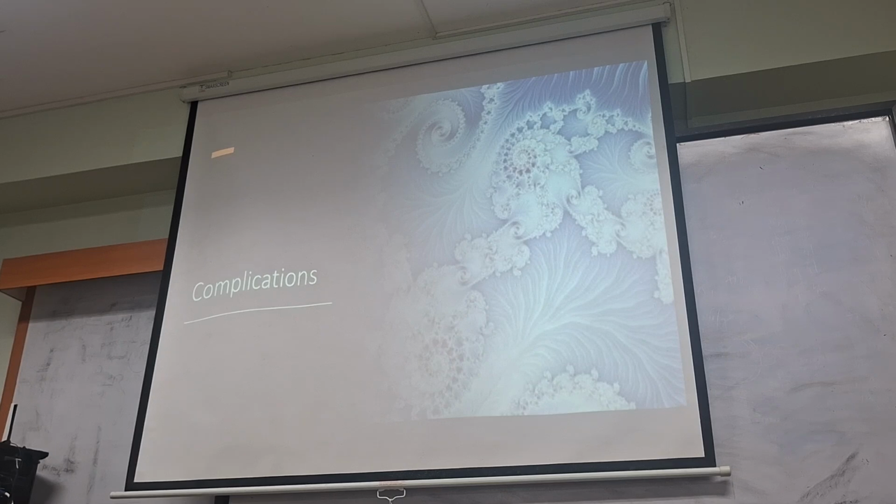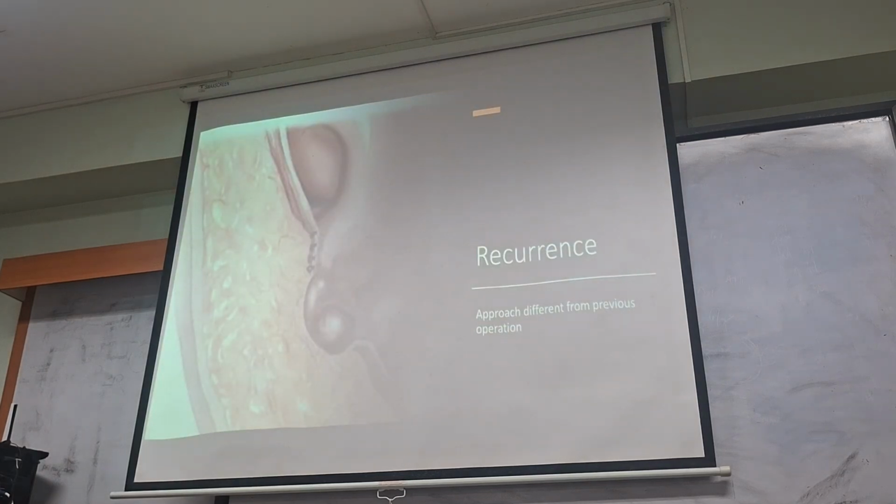Sometimes it can also result in erectile dysfunction in some patients. There could be chronic groin pain also. Recurrence is one of the complications that we really wouldn't want to happen, because it would mean that your procedure failed.